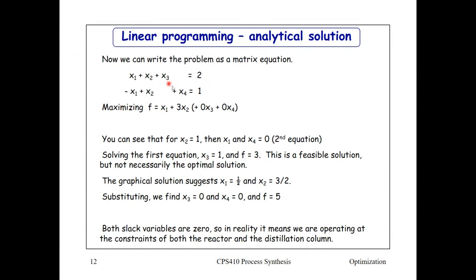If you're against the constraint, the slack variable is 0. If you're not against the constraint, the slack variable is non-zero. But that's it. You guys have done this before in matric. You might have forgotten.